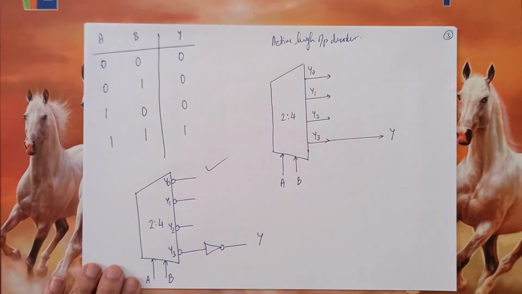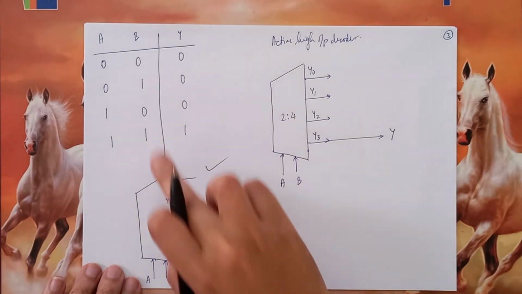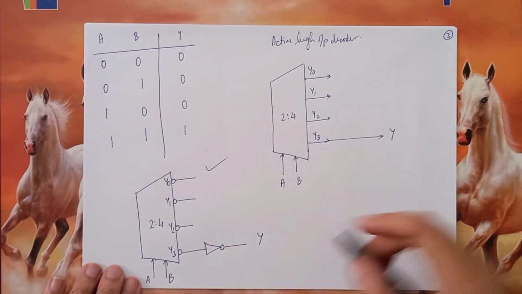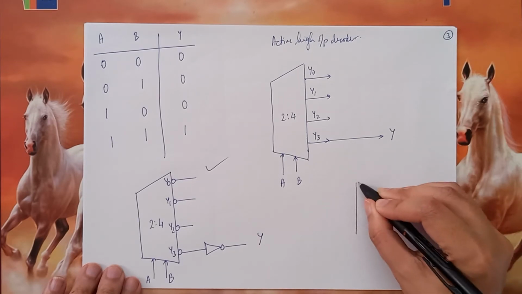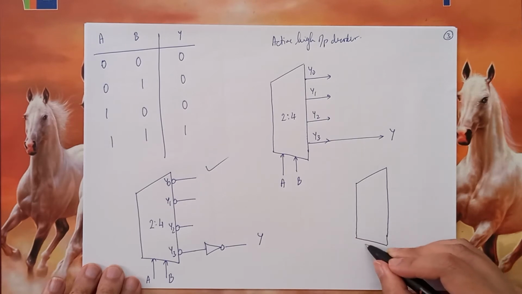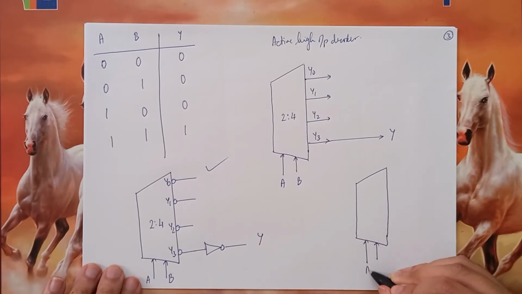However, this is one solution. This is fine. Now let us ask ourselves something else. That is, can we realize the function Y using Y0, Y1 and Y2? Let us again draw the same decoder with active low outputs.